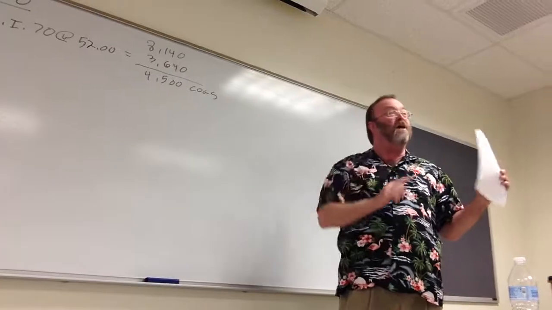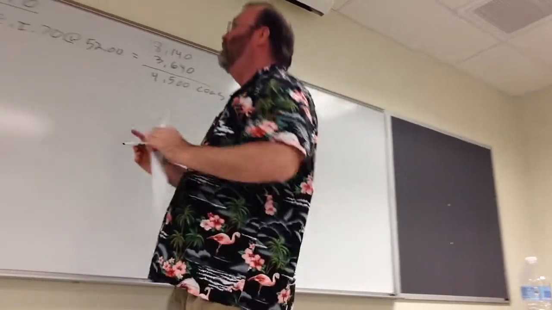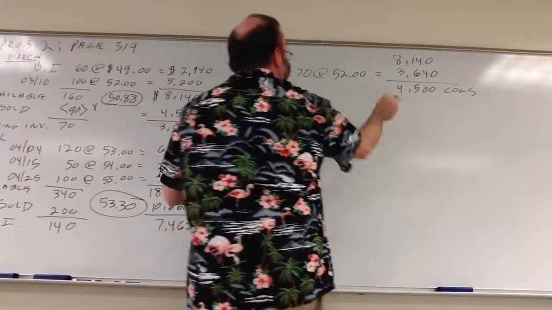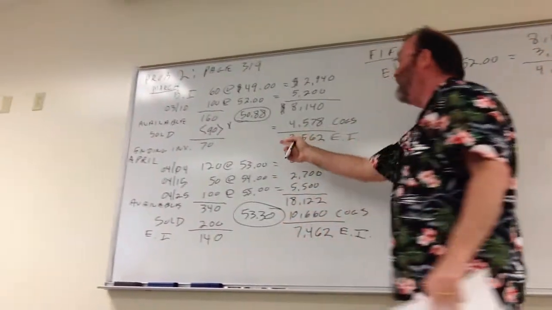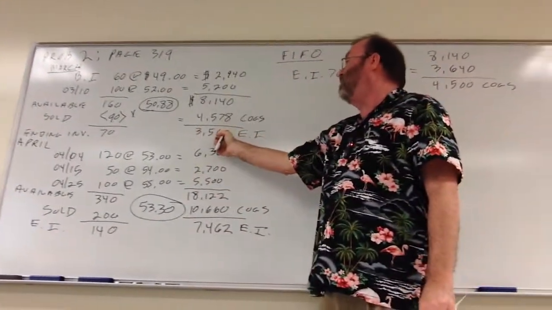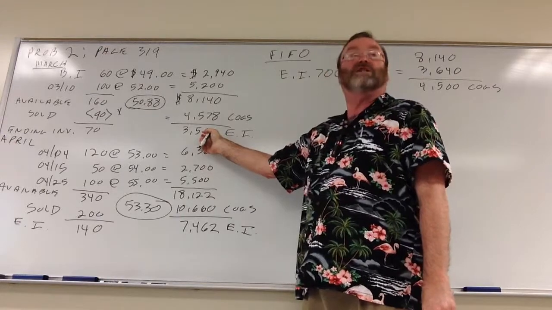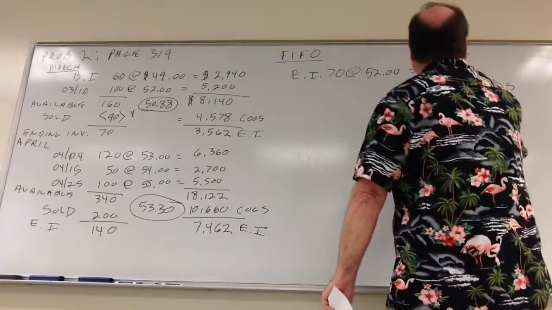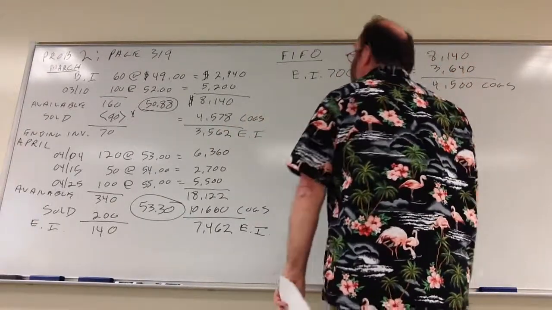All right, so now in April, you have to recalculate because the ending inventory used to be valued at $3,562. Now it's $3,640.